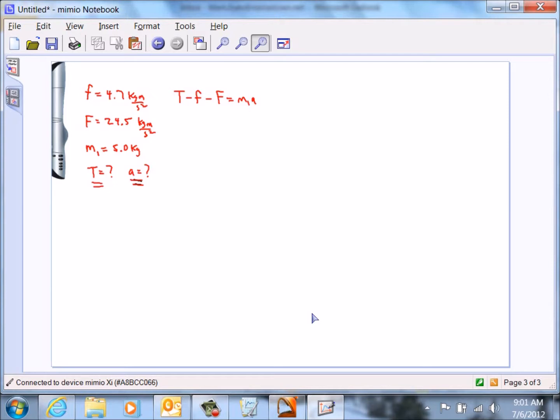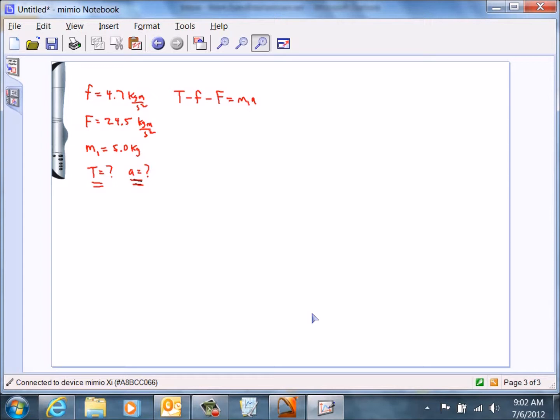You need two. The number of equations has to match the number of unknowns. If there's just one thing you don't know, then one equation is fine. But if you have two unknowns, you better have two equations that involve those unknowns. If you had three unknowns, you need three equations, and so on and so forth.